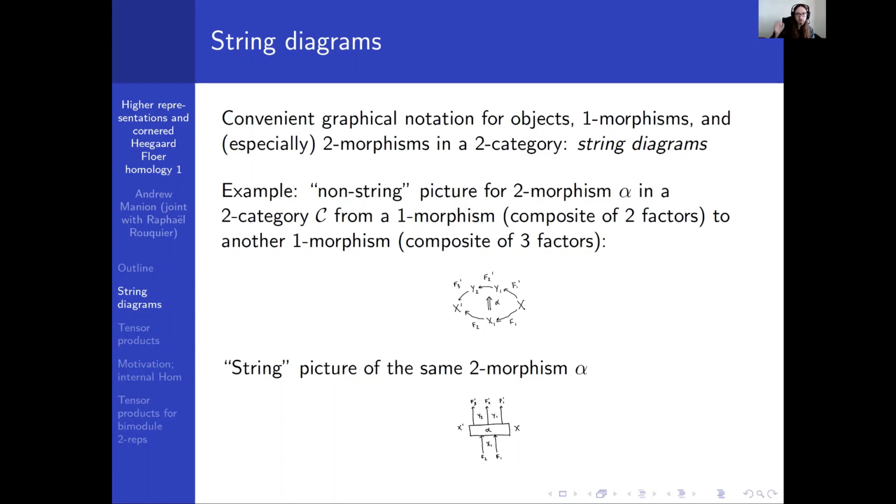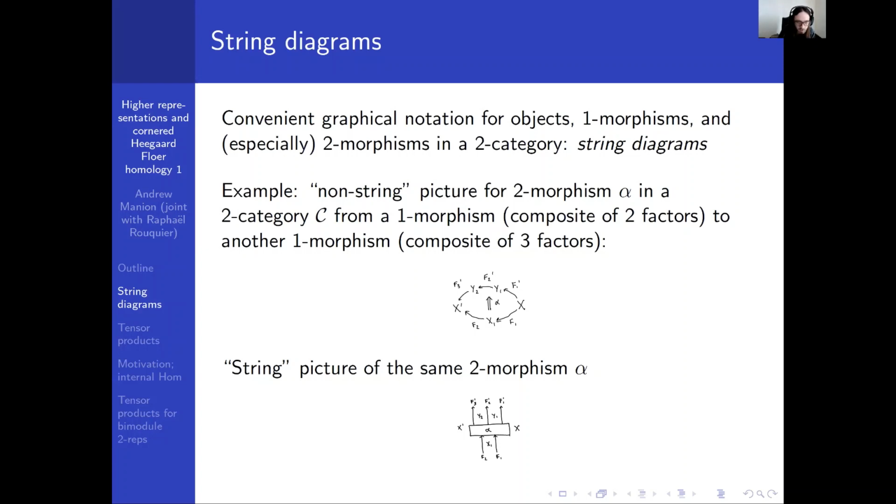So you're going to have objects as your, in this case, two-dimensional regions. The strings are going to correspond to one morphisms, and this whole picture, which has a node in it labeled alpha, is going to be representing a two morphism. So with this example in mind, hopefully it's clear enough how this notation works.